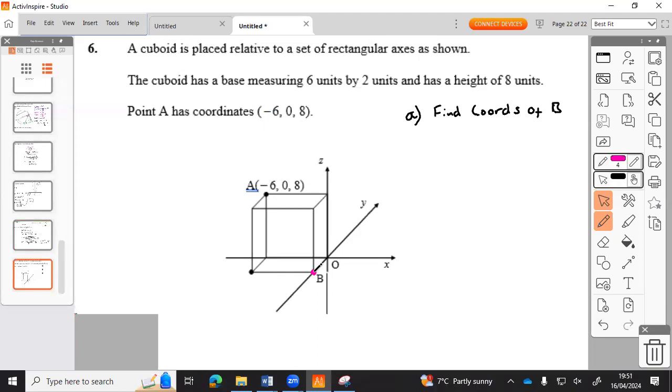So this is one part of our vectors. Point A has the coordinate of our X, which is our horizontal axis there, being -6. From our origin along the X-axis, we've gone to -6. Our middle number is our Y value.